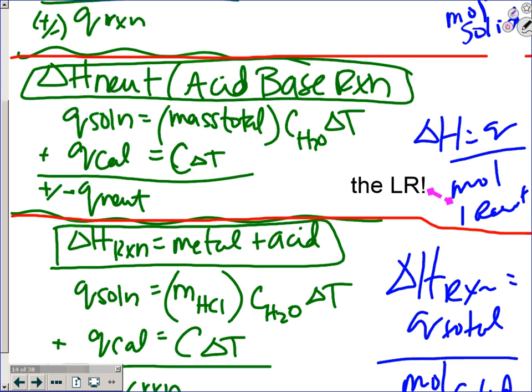Many times these are also diluted, like 0.1 molar solutions or 0.5, 1 molar solutions. They're still fairly dilute, so that's why we're allowed to use a C of water, which is usually given in the problem. It says assume this is still a specific heat capacity of water, and including C_cal, which is our calorimeter. This is assuming we always know the heat capacity. We always will not though, so that's sometimes an omission. You won't have to use that itself.